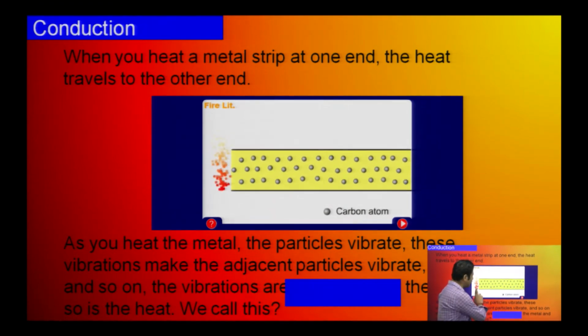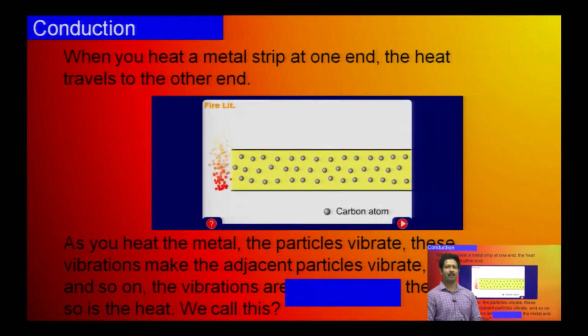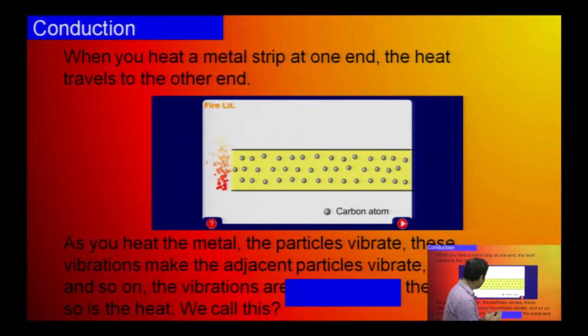Suppose this is point A, the energy picked up by the last electron, the one in the unstable shell, is constantly changing its motion and getting transferred from point A to point B. This is how conduction happens.